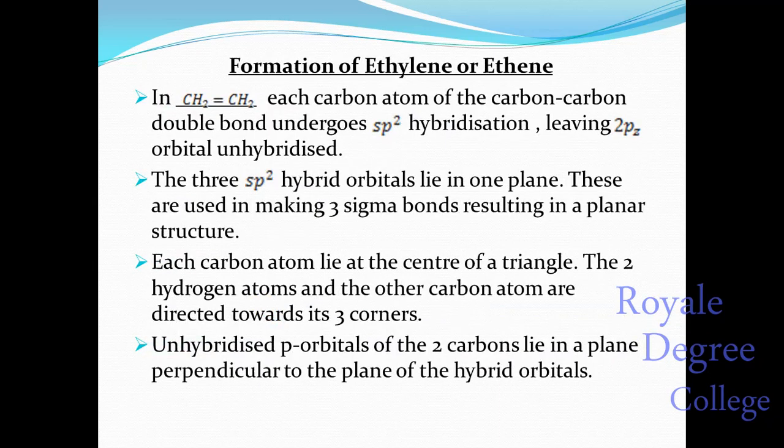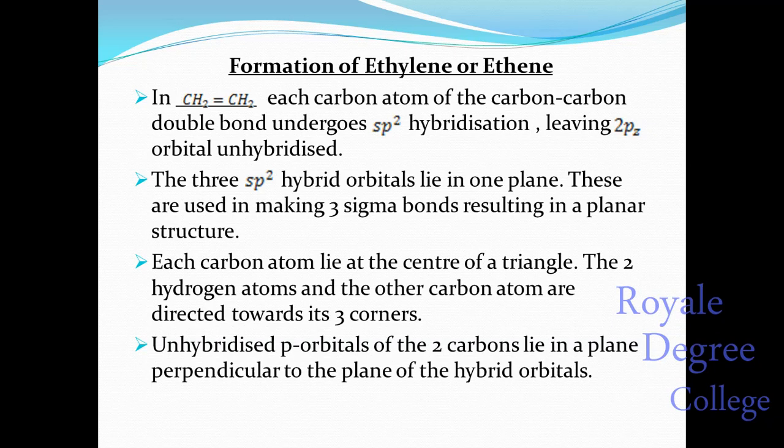Now we'll see the formation of ethylene or ethene. CH2 double bond CH2. What is CH2 double bond CH2? That is nothing but ethylene or ethene. Each carbon atom of the carbon-carbon double bond undergoes sp2 hybridization, leaving the 2pz orbital unhybridized.